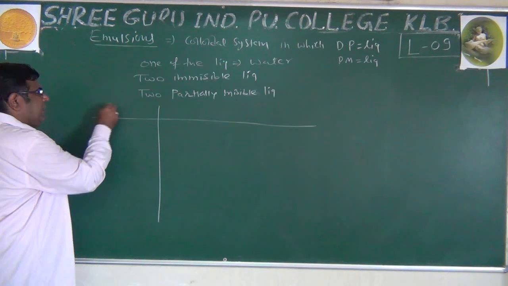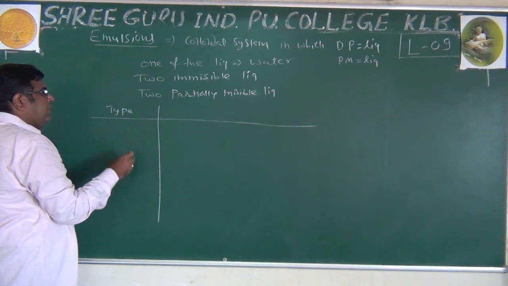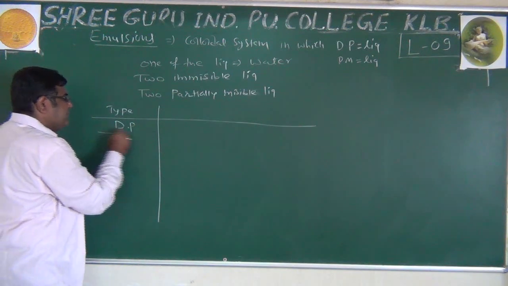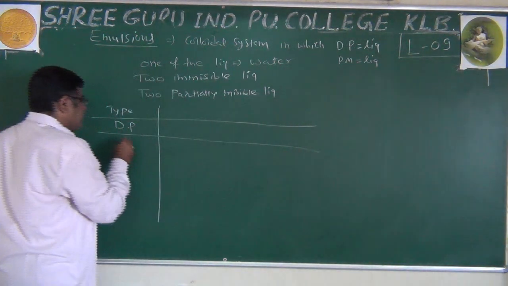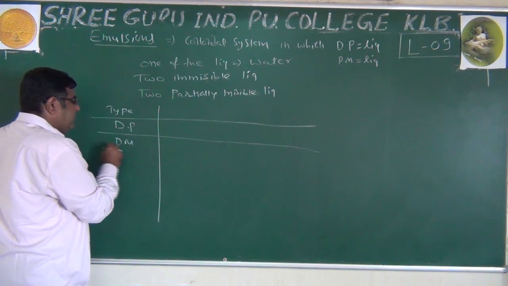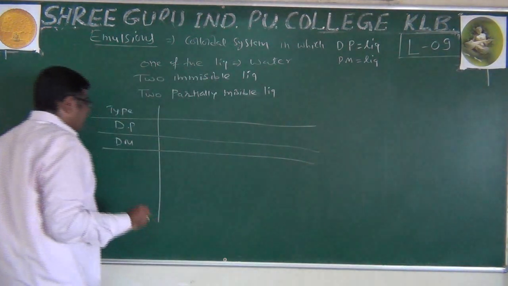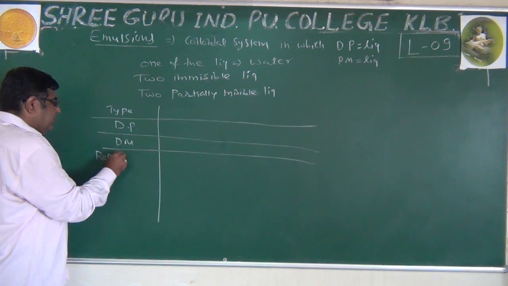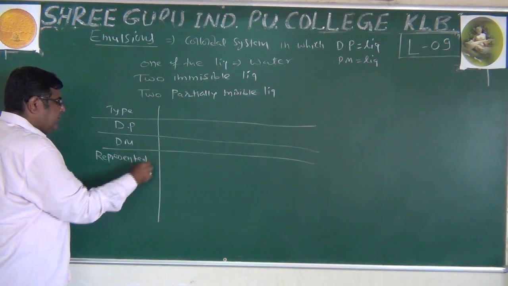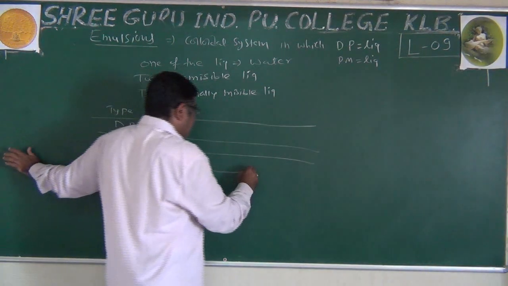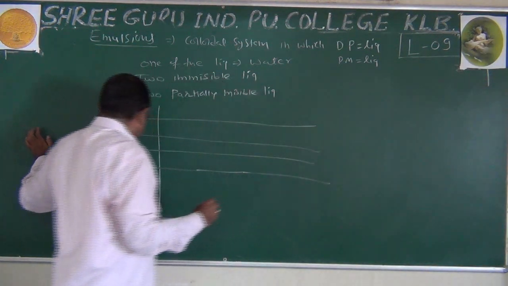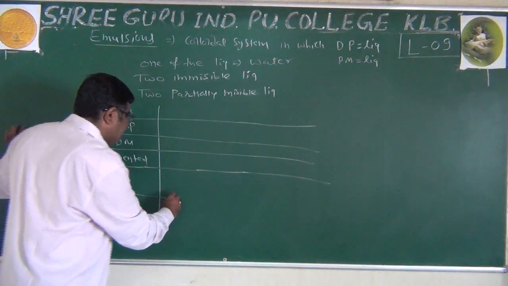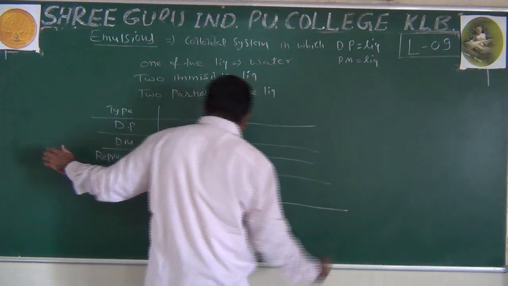First is the type, then what the dispersed phase is, what the dispersion medium is, how it is represented, and then what the examples of it are. Examples are of course a very important part.